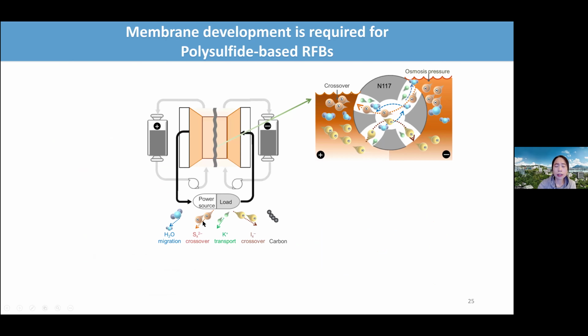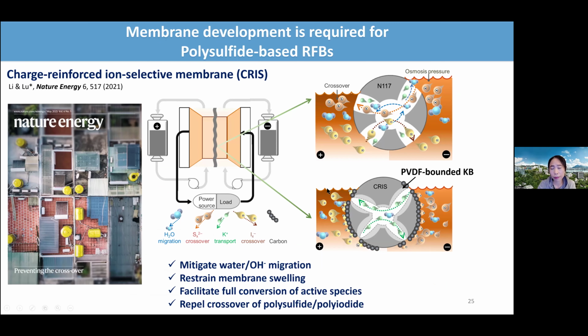And this is really due to the crossover of polysulfide as well as the water migration. And so we decided to look into this issue by modifying the Nafion membrane. And so there are several issues we need to address, right? So we want to reduce polysulfide crossover and also polyiodide crossover. We also want to reduce water migration.